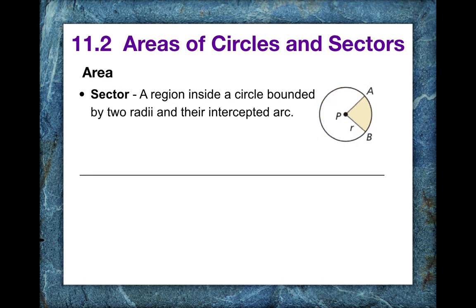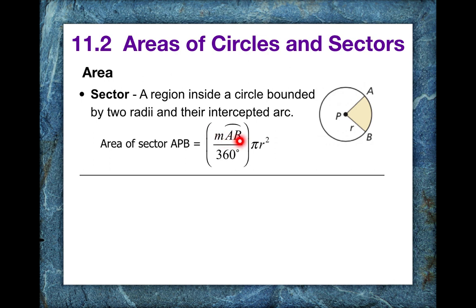A sector is a region inside of a circle bounded by 2 radii. So here I have a radius, and a radius, and the sector is this shaded in area. The area of the sector is the whole area, which is this whole circle, pi r squared, times the fraction of the circumference.